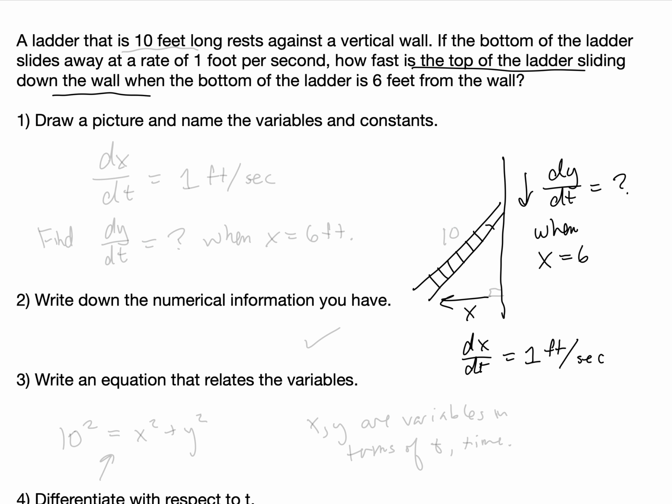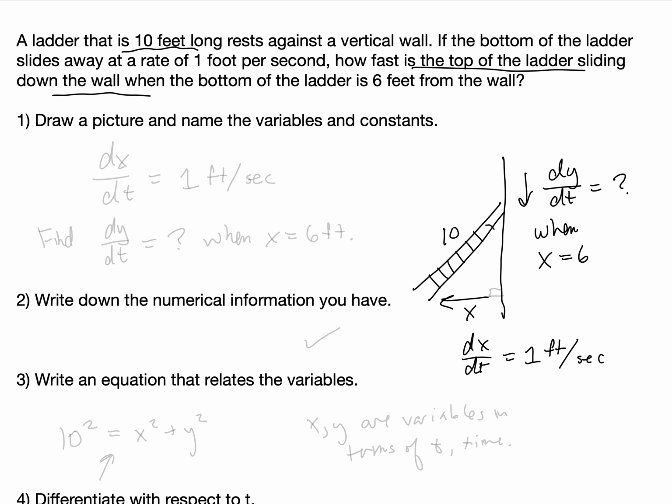Do we have any other information? We know that the ladder is 10 feet long. Well, that's like the hypotenuse of this triangle. And so we've got this picture drawn, and we've given variables for a lot of these and constants as well. What do we know?